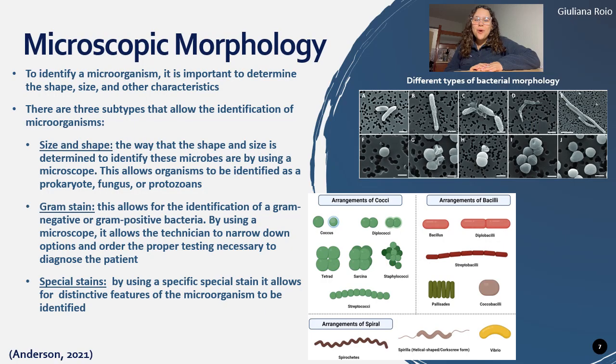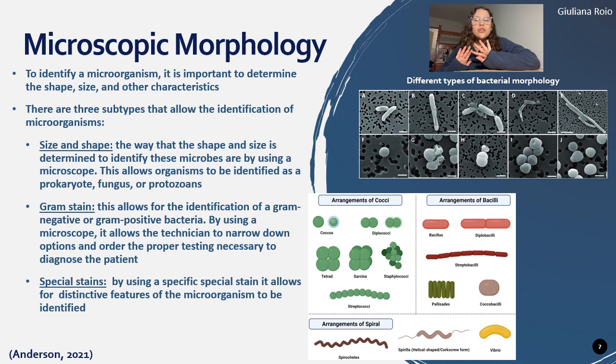Guys, for the CLC project, for my portion, I'm going to be talking about identification based on phenotype. So this is going to entail microscopic morphology, culture, and serological characteristics, as well as metabolic capabilities. So going into it, we're going to start with our microscopic morphology. This is what allows us to identify a microorganism, and this is really important to allow us to determine its shape, its size, as well as other characteristics.